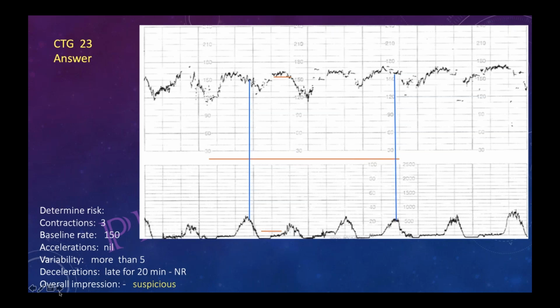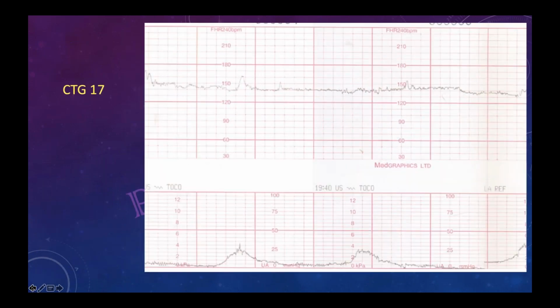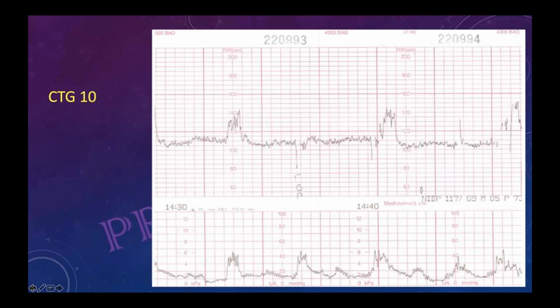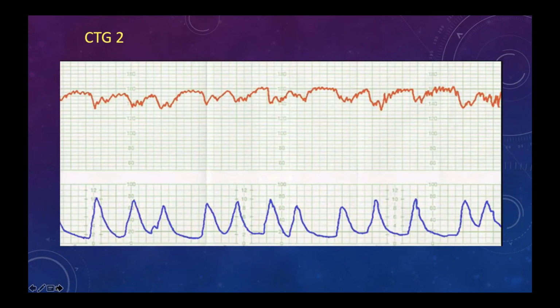Ma'am, for variable decelerations, we take less than 50% contractions, more than 50% contractions. But for late decelerations, less than 30 minutes and more than 30 minutes, right, ma'am? We don't take the percentage of contractions. I think yes. We are confused about that most of the time, especially in the exam.